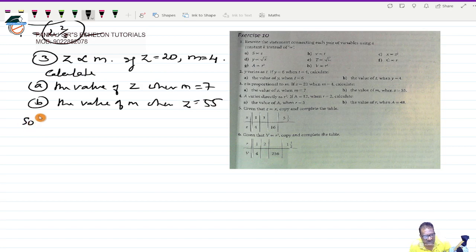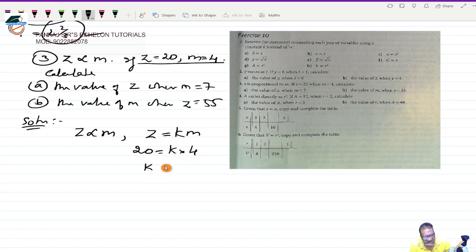So the solution is you have to do it this way. Z is directly proportional to M, or Z varies as M, or Z is directly varying as M, whatever you say. So this can be written as Z equal to kM. Now one value of Z and M is given to you so that you can find out the value of this K. So I'll substitute those values. Z is equal to 20, K times M, which is 4.